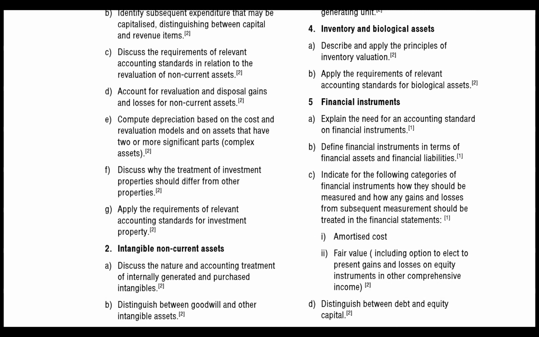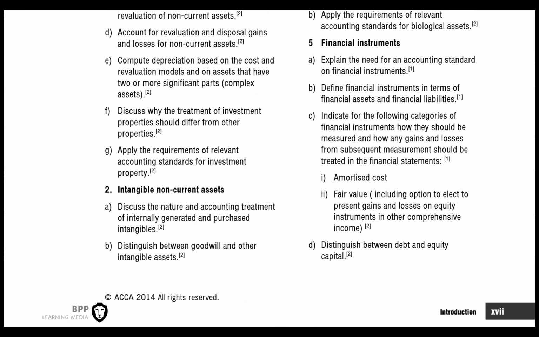Before we leave this unit, we even have time to look at the financial instruments. We will explain the need for an accounting standard of financial instrument. And we will define a financial instrument even in terms of the assets and the liabilities. We will have time to distinguish between debt and equity capital during that same time.